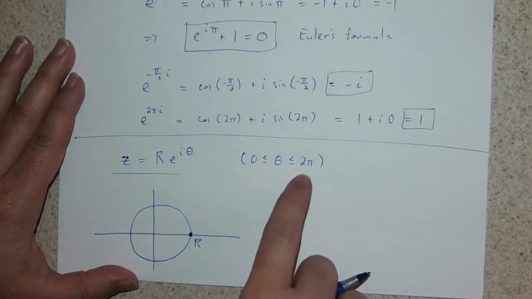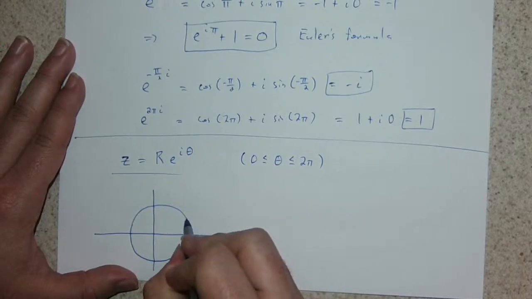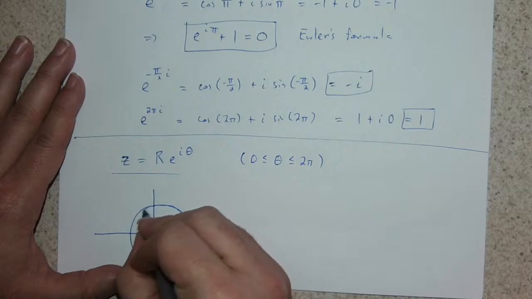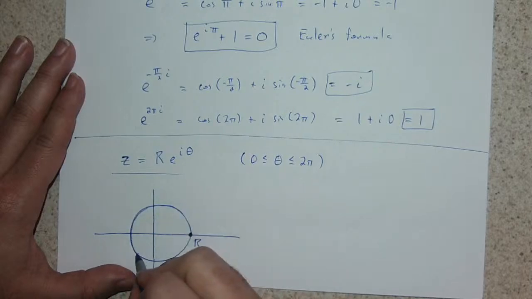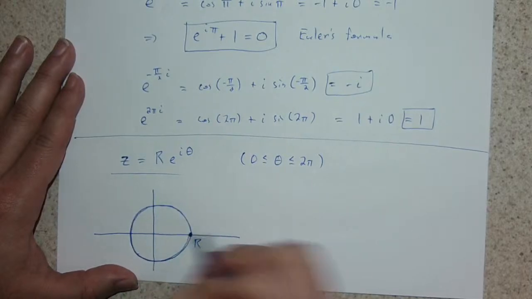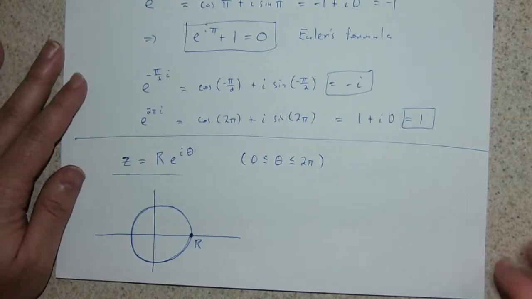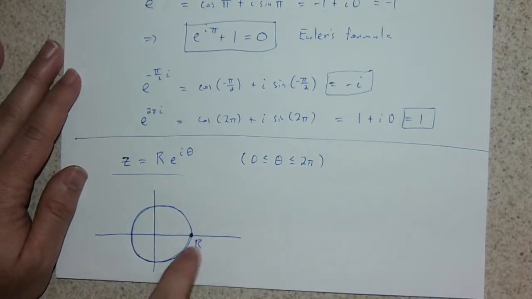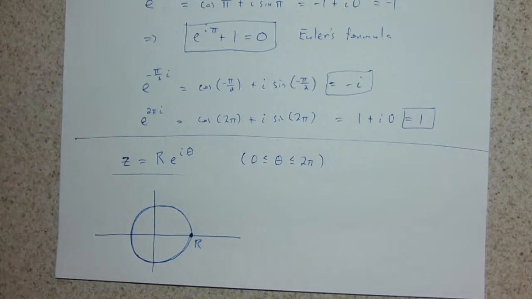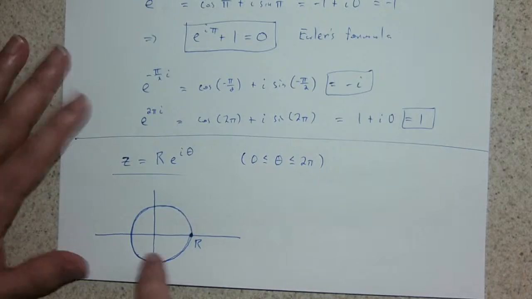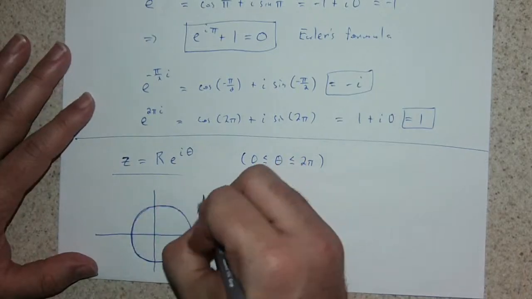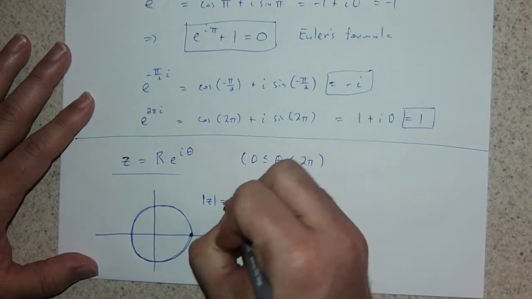As theta varies from 0 to 2 pi, it goes around the circle counterclockwise and back to its initial point when theta is 2 pi. Okay, so this is really a parametric description of a circle of radius r centered at the origin.